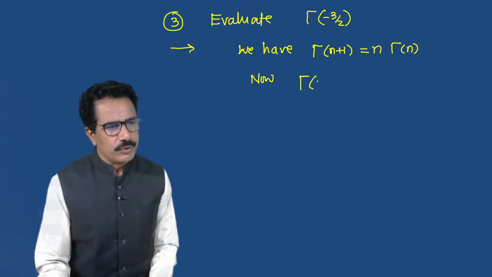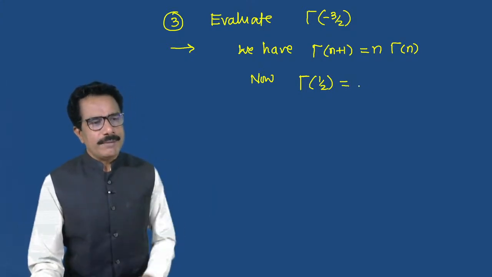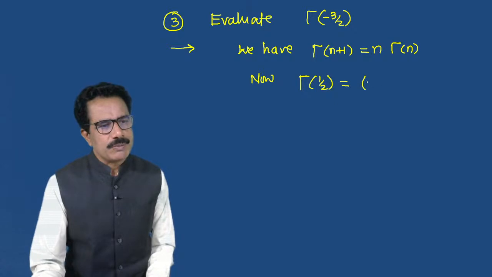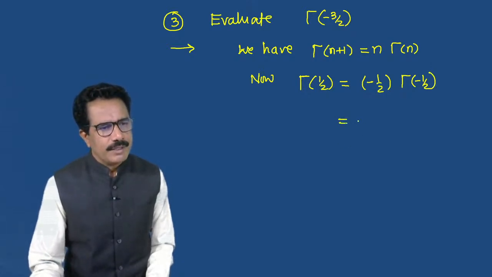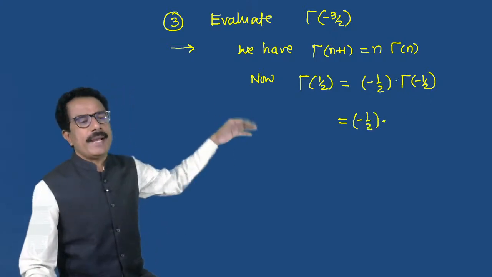Gamma 1/2, you know the value of gamma 1/2. What is the value of gamma 1/2? Gamma 1/2 means, as like this, gamma n minus 1 means minus 1/2 gamma minus 1/2. Again we can write minus 1/2 into, again you have to use gamma minus 1/2.